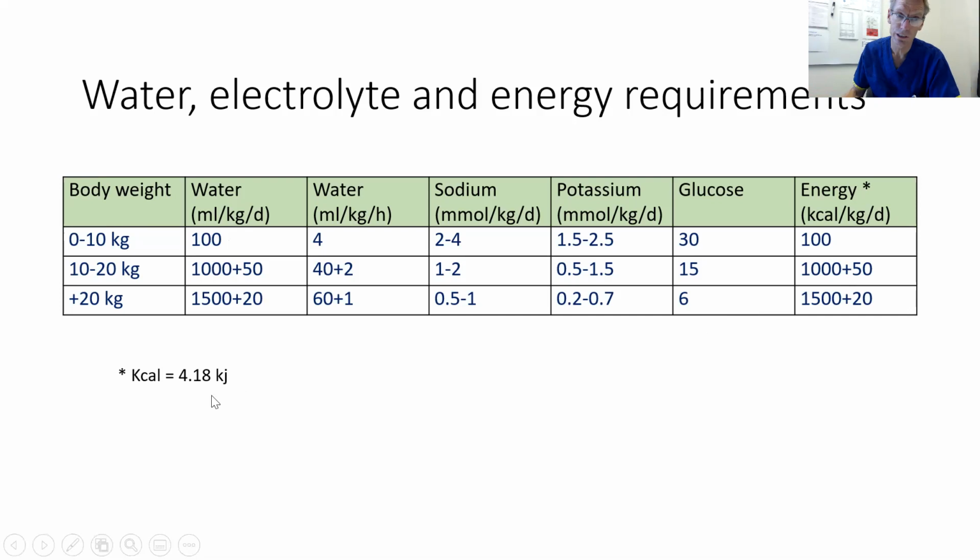If you want to do it in kilojoules, you multiply it by 4.18, which will give you the number of kilojoules. So that's 400 kilojoules per kilogram per day. But mostly, old-fashioned, I keep going with 150-20 of kilocalories per kilogram per day.